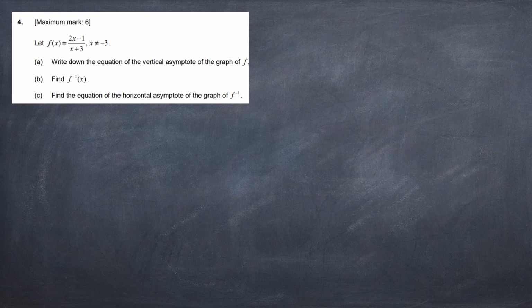Okay. So now find the equation. So first we will write the equation of f inverse. So f inverse of x is equals to (3x plus 1) divided by (2 minus x). So in the question what has been told? Find the equation of the horizontal asymptote of the graph f inverse. So to find out the horizontal asymptote, it is very easy.